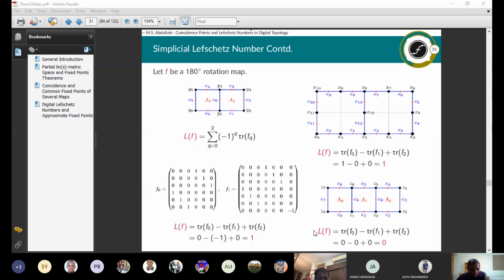Another question: room for improvement. You use some Lefschetz number. I want to know whether your Lefschetz number is the same as the Lefschetz constant in metric fixed point theory, in the same sense. I think it is always called the Lefschetz number.